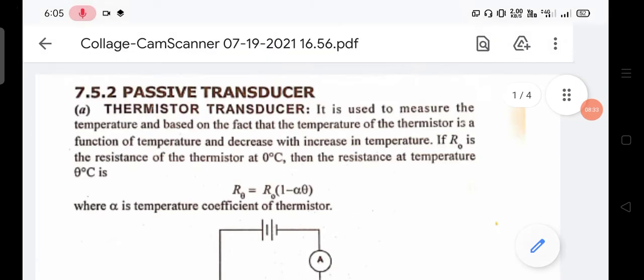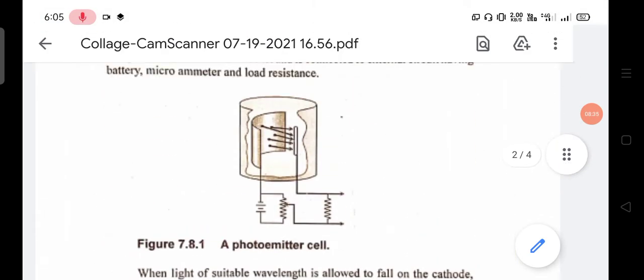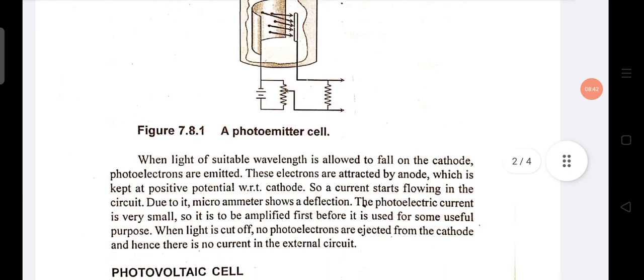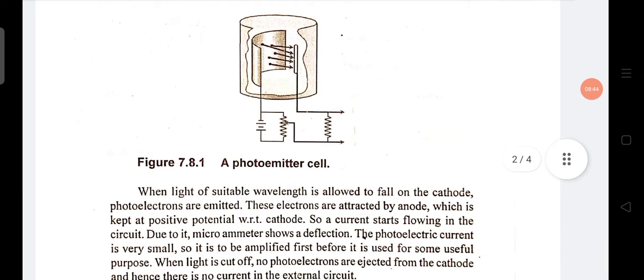Now this is the construction of the photoemitter cell. Now let us discuss the working.